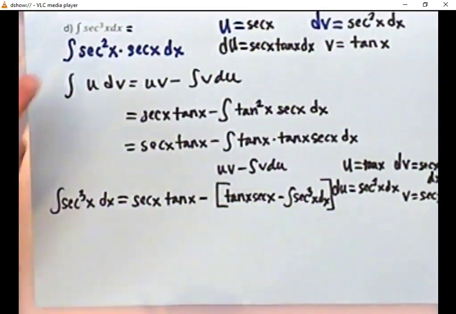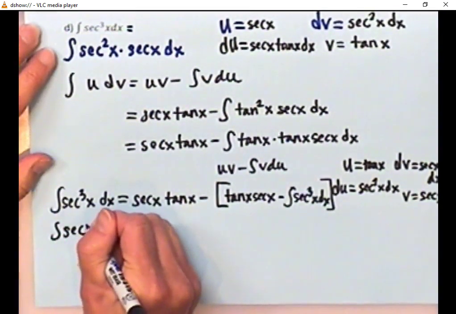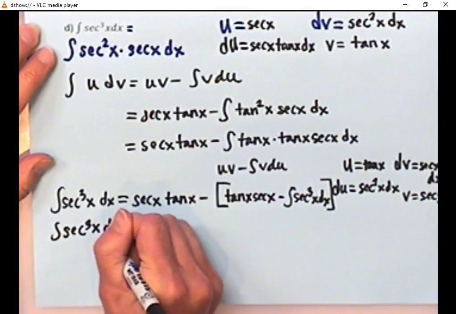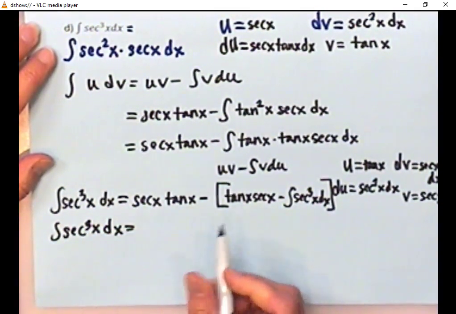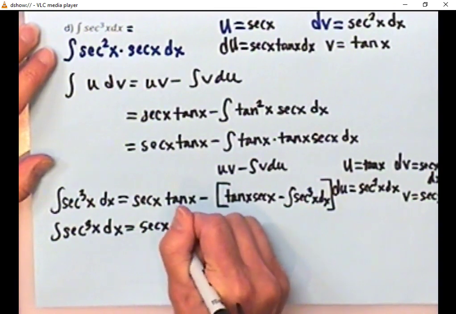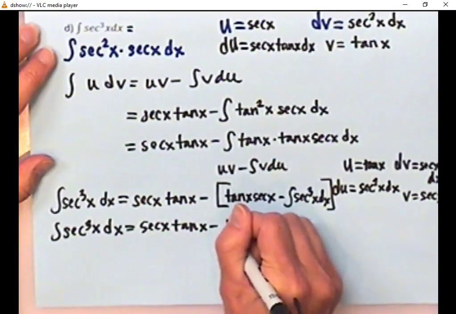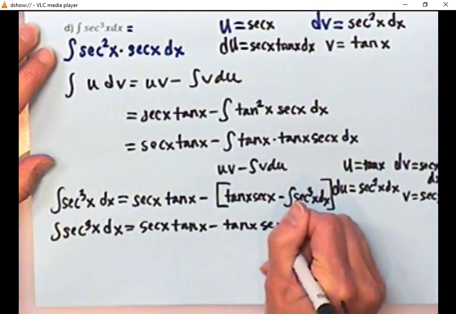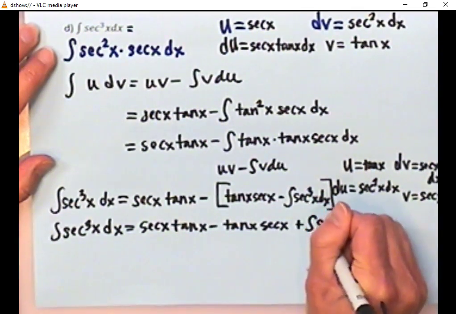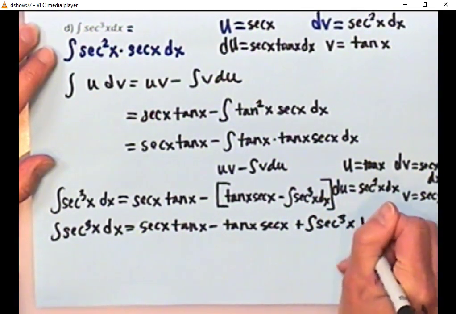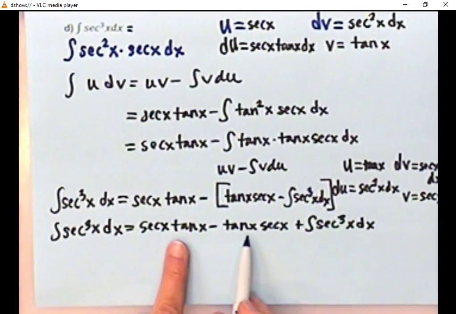Plus. So what is going to happen? And what happens to these two? Yeah. So notice what happens here if I go ahead and distribute the negative, these two cancel, make 0.